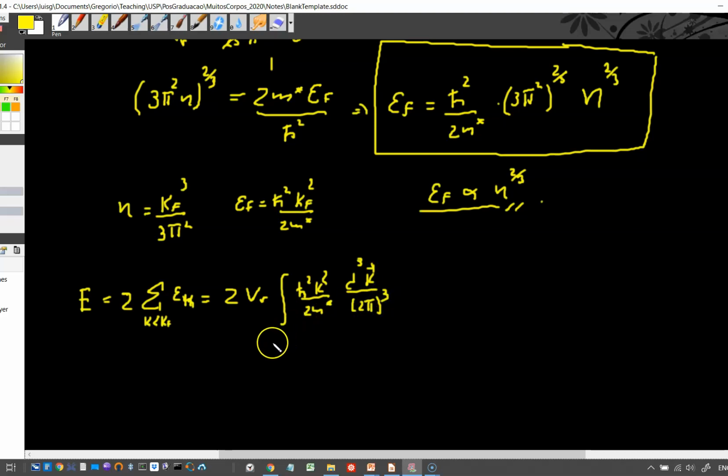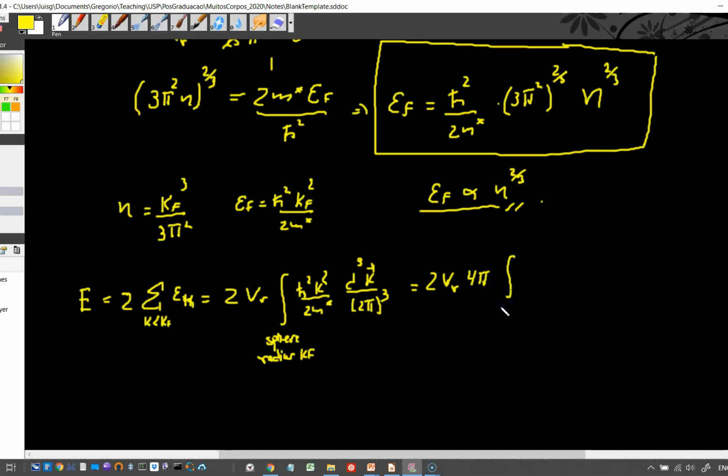And this is over that sphere of radius Kf. All right. So the integrand doesn't depend on the angle. So right off the bat, we get a 4 pi, integrating on the angles.